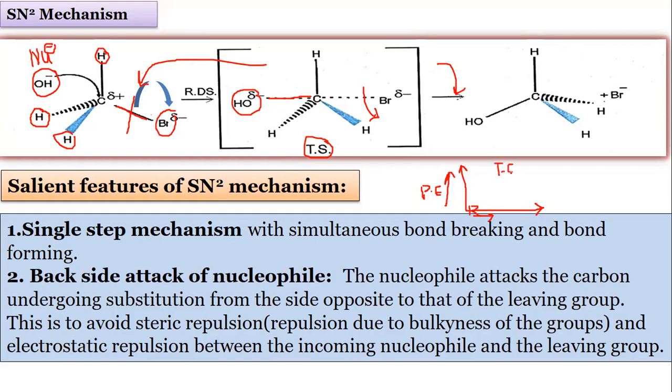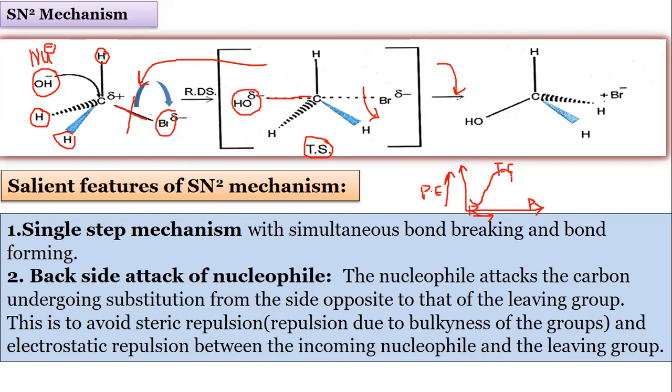This is the transition state. In this reaction the graph is not given, and this is the product. Initially the potential energy of the reaction will be 0 here when the reactants are there. Now I am adding OH minus. What will happen? When OH minus is added, the potential energy of the reaction will increase. At this transition state, it will be higher.